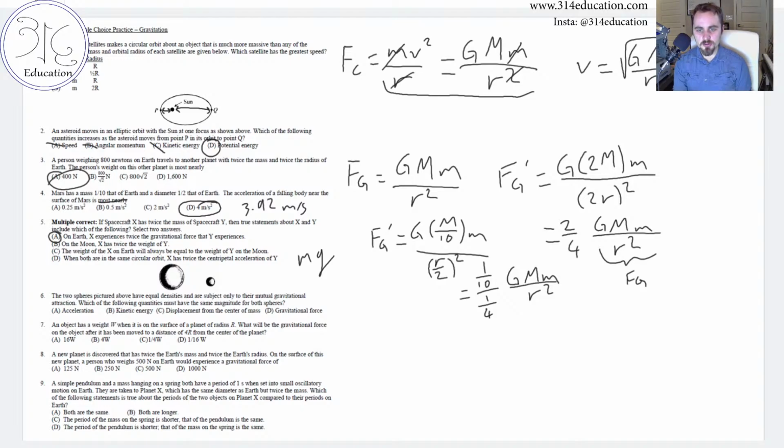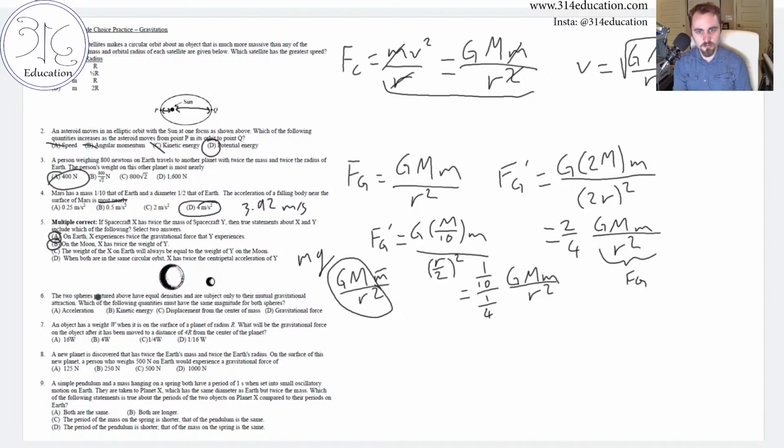Yeah, that should also be true. Again, the acceleration now would be GM over r squared, but the r squared terms wouldn't change, and the m gets doubled, so it would double that force.